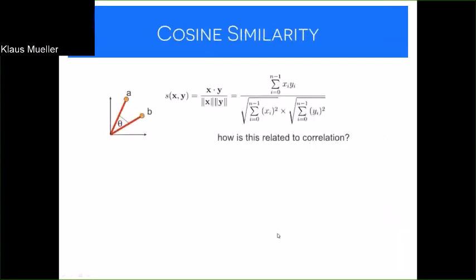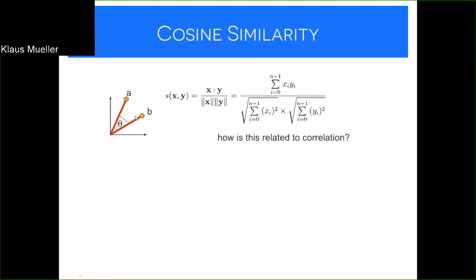Then cosine similarity is another one, where you measure the angle between two vectors. The first thing you do is make both vectors the same length: you divide them by the length they have, and then you measure the cosine. The cosine is just the dot product of A and B divided by the lengths of the vectors.